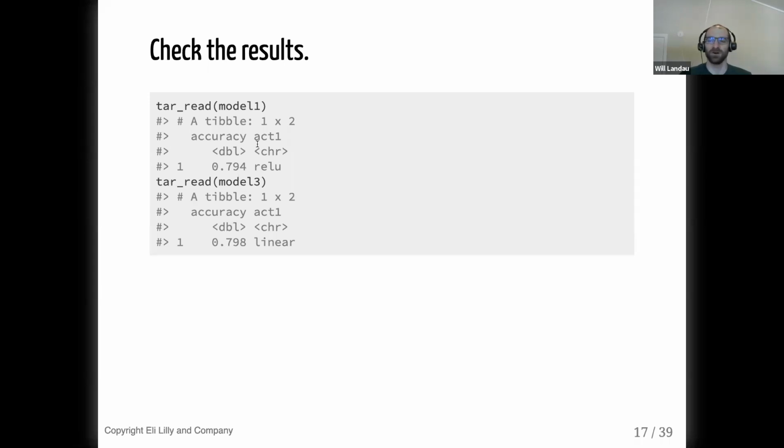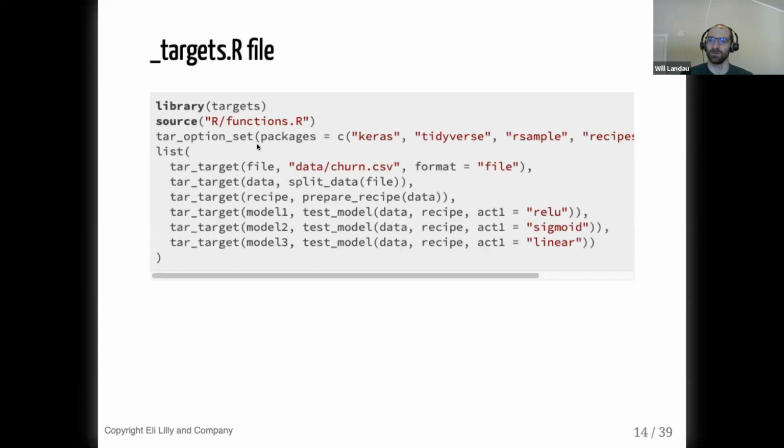All you need to know is the target name, and you can treat it like an R object, and you can just load it whenever. And likewise for the pipeline, when you construct the pipeline, you don't need to read the data file for the sake of computing the recipe. You can trust that targets will actually load the data or make sure that it's loaded for you when the recipe is computed.